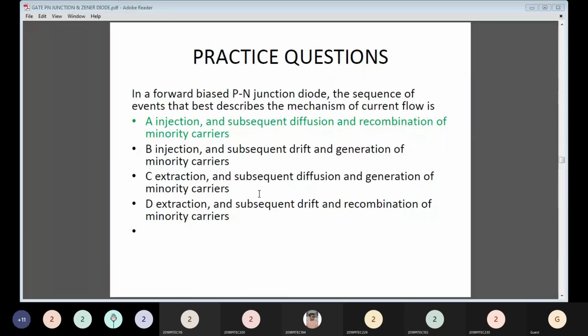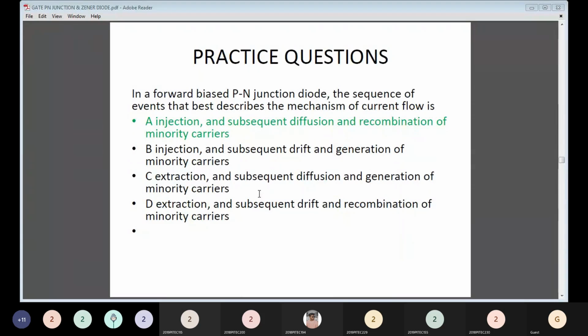Next, we move on to some other practice questions of the PN junction diode and the Zener diode. Look at the question. In a forward biased PN junction diode, the sequence of events that describes the mechanism of current flow is: option A, an injection and subsequent diffusion and recombination of minority carriers; B, injection and subsequent generation of minority carriers; option C, extraction and subsequent diffusion and generation of minority carriers; and D, extraction and subsequent drift and recombination of minority carriers.